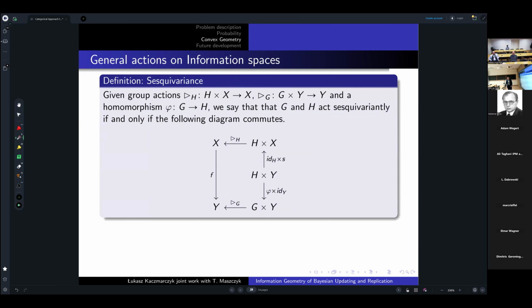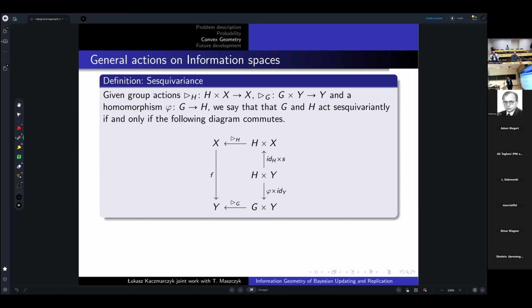Because I'm running out of time, I'll try to finish this geometric portion. Because we only get access to this image of this section S, so to this red curve instead of the whole triangle, we could ask, okay, we have this geometric action on the triangle, we have the geometric action on the interval.